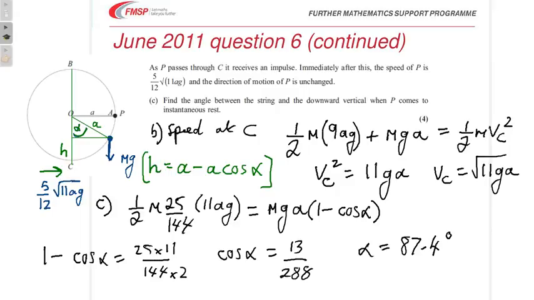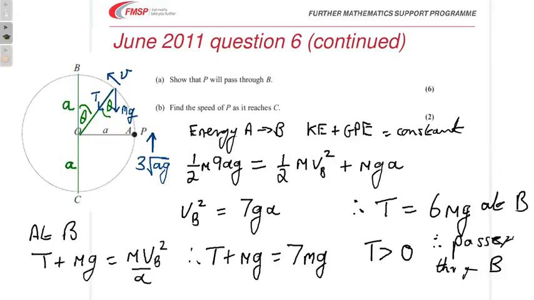Let's just check the marks for parts A, B and C. Going back to the first part, for 6 marks we've got an M1A1 for the energy equation that gets us 7ga.